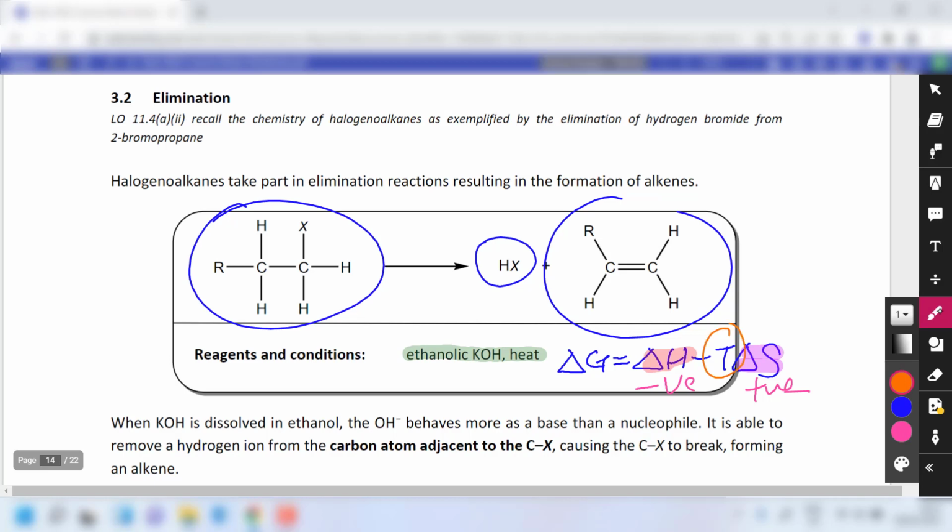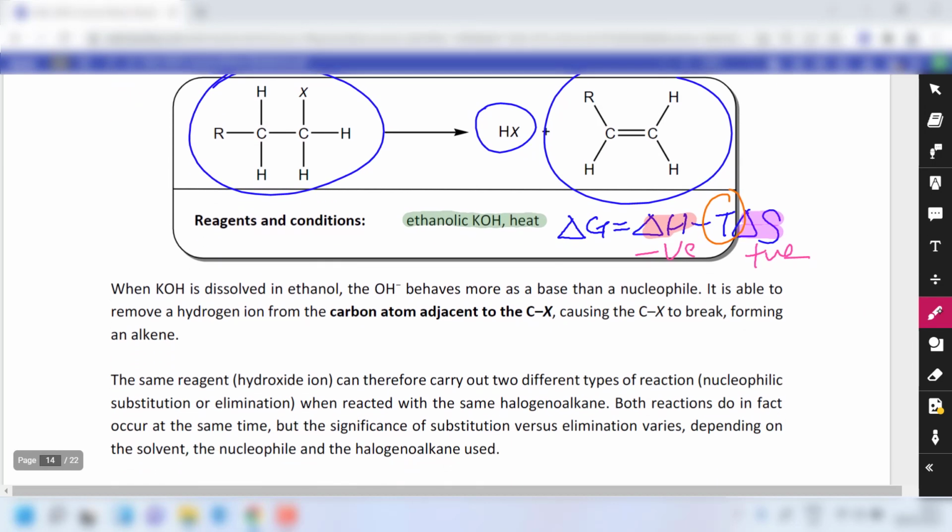If I increase the temperature, I'm actually inflating the absolute value of T delta S, and that is likely to drive the reaction more towards the elimination side. But that is just a side remark, for your consideration and for your analysis during exams.